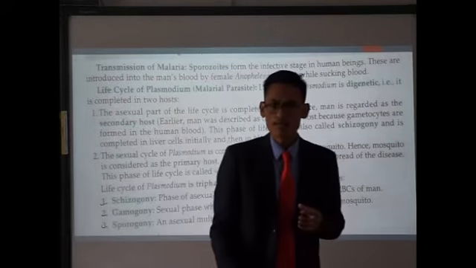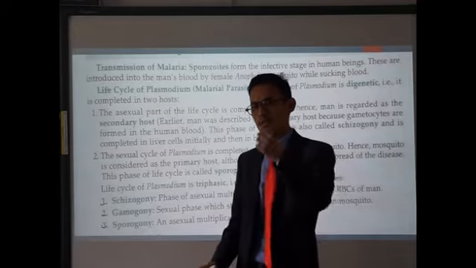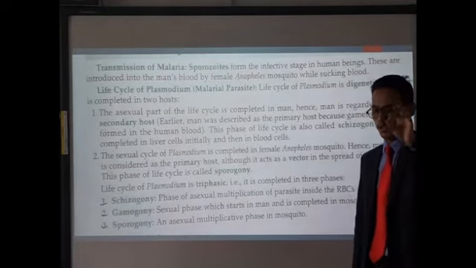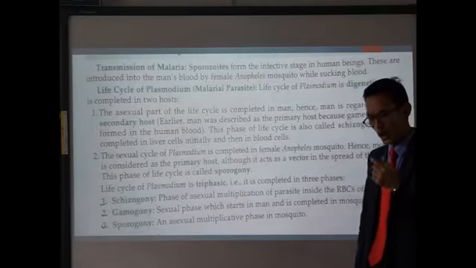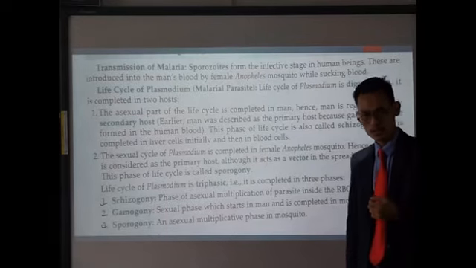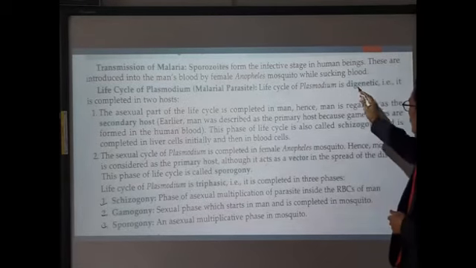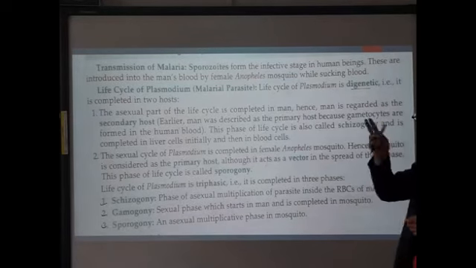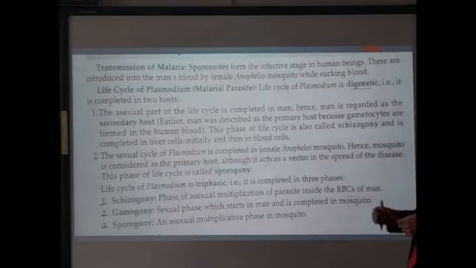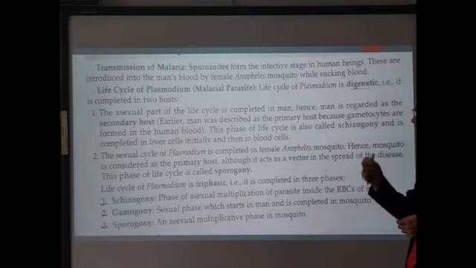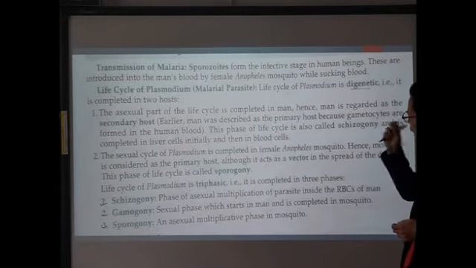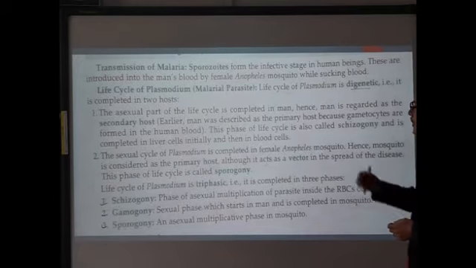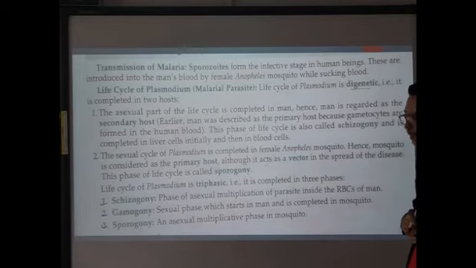Now the life cycle of Plasmodium is completed with the help of two hosts. The two hosts are human being and the mosquito. That's why it's also called digenetic, because di means two. So it needs two hosts to complete its life cycle. Now what are those two hosts? The first one is the human being, which is also called the secondary host.